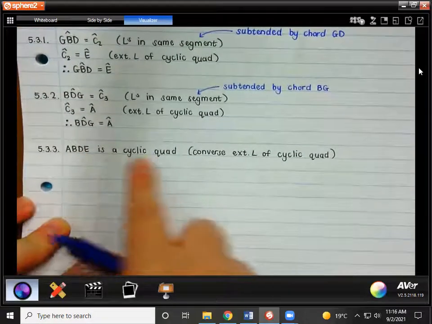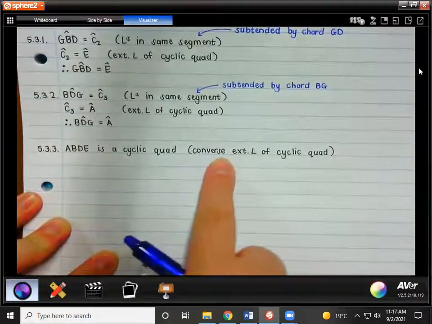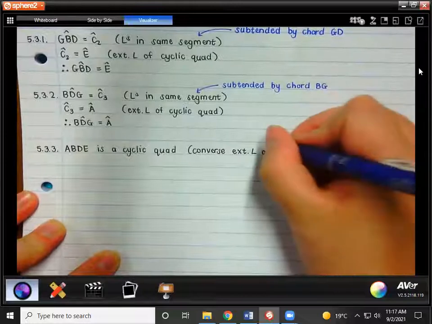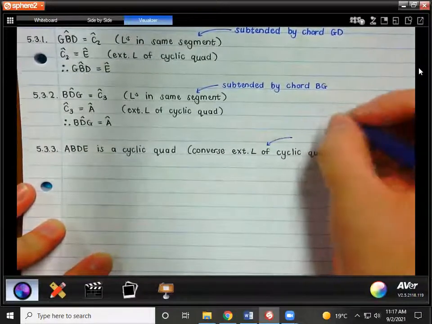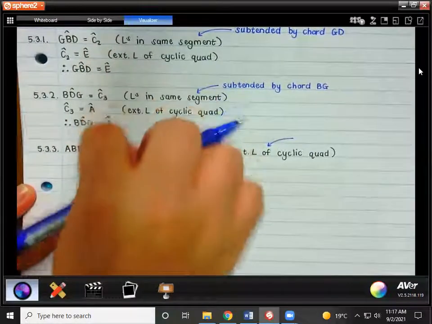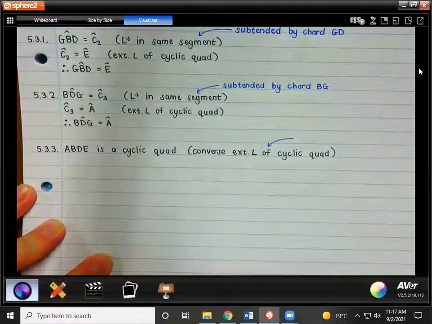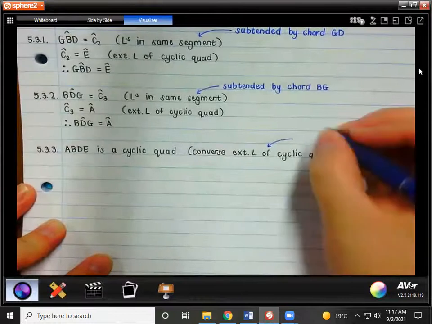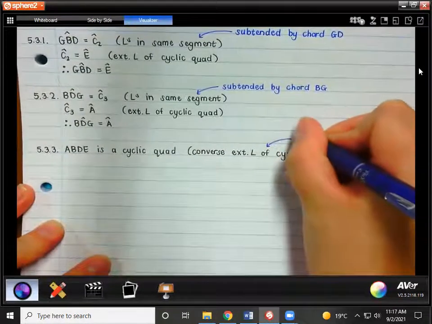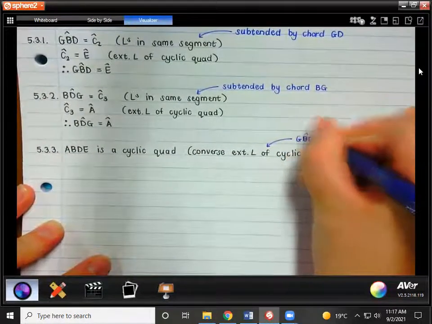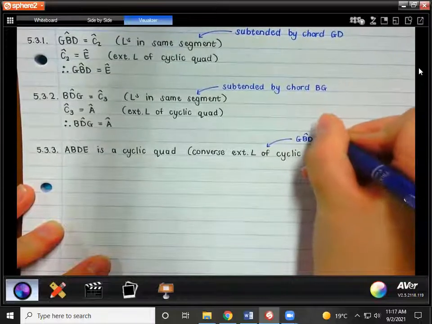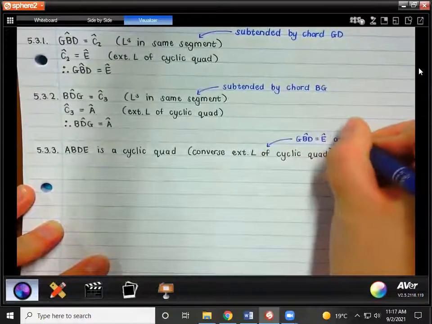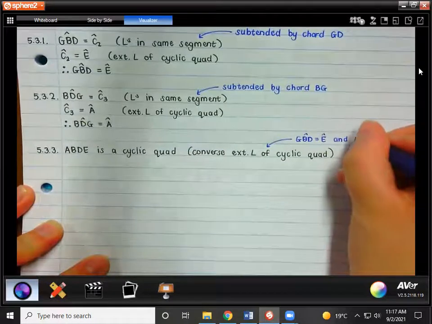Right, ABDE is a cyclic quad because of converse exterior angle of cyclic quad. The angles that I'm talking about here, actually both pairs of angles that we proved at the top. Okay, both of them were an exterior angle and then the opposite interior angle. So you could have looked at that pair and at the second pair.